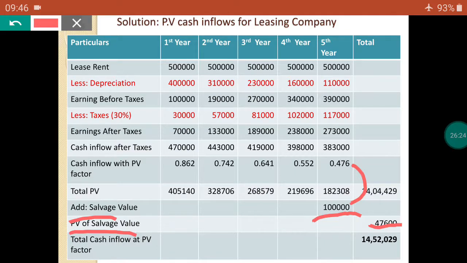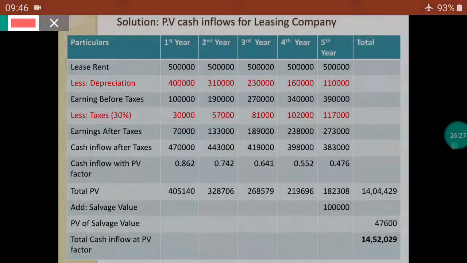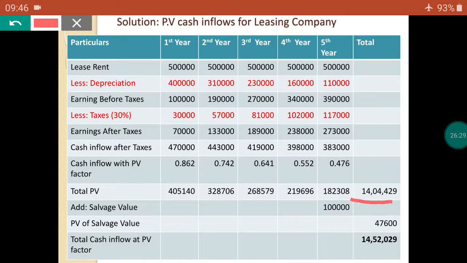After that, total PV is 14,04,429. Add PV of salvage value, that is 47,600. In total you get a total cash inflow at PV factor of 14,52,029 rupees. Okay, it is the total cash inflow at PV factor.